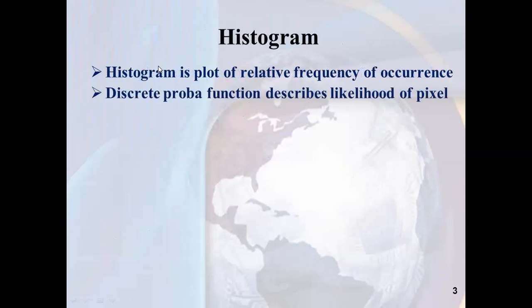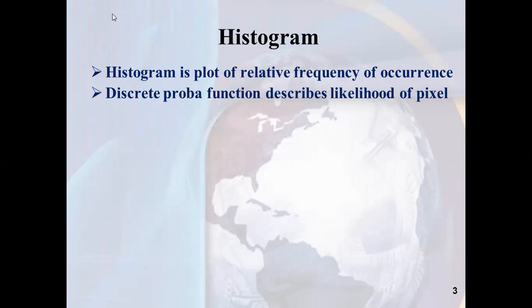So as you know, a histogram is a plot of relative frequency of occurrence, which means that in a histogram, we count the number of elements that have the same values, and we make a plot of each value and how many times this value is present.